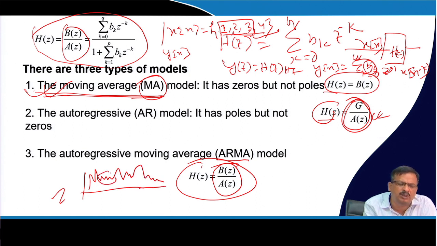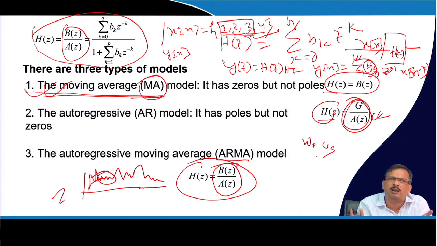I want to remove this local variation. What do I do? I can say, okay, local variation can be handled by modeling a moving average filter, which is nothing but a low pass filter. So I want to smooth that variation, which is nothing but a low pass filter. Instead of designing a low pass filter, providing omega p, omega s and all kinds of constants, I just implement the moving average model and smooth the signal.